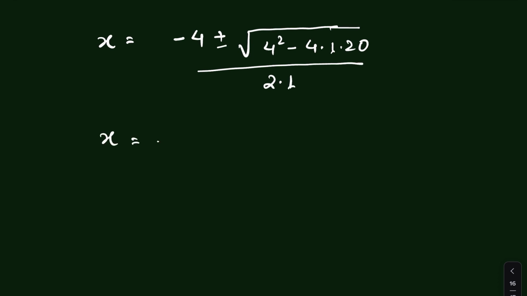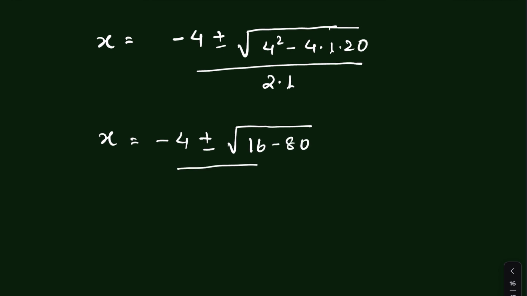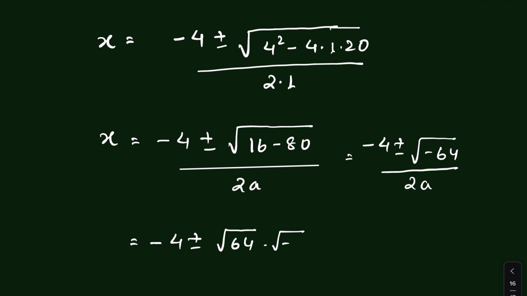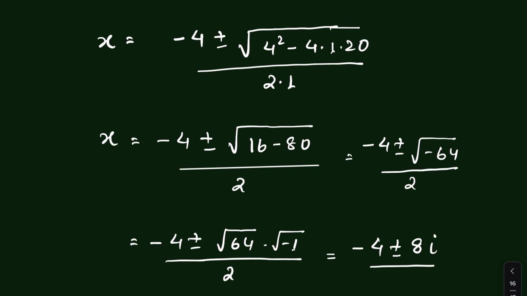Or x is equal to minus 4 plus or minus the square root of 16 minus 80 upon 2, or minus 4 plus or minus the square root of 64 upon 2. We can write the square root of 64 times the square root of minus 1, upon 2, or minus 4 plus or minus 8 times the square root of minus 1, which is an imaginary unit, we write i instead of it, upon 2.